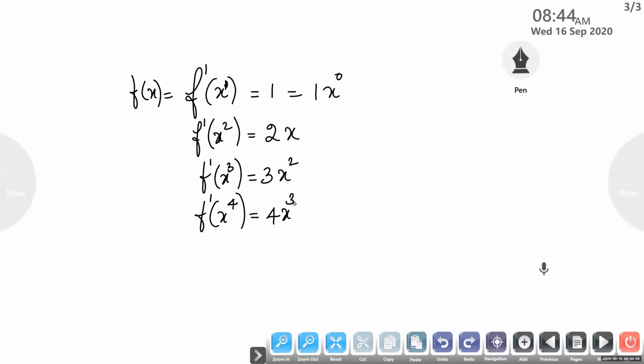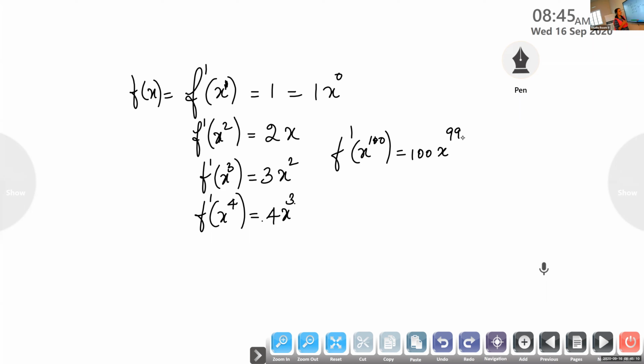Put the power in the front. The derivative of x raised to 4 is 4x cube. What will be the derivative of x raised to 100? It is 100x raised to 99. Very good.